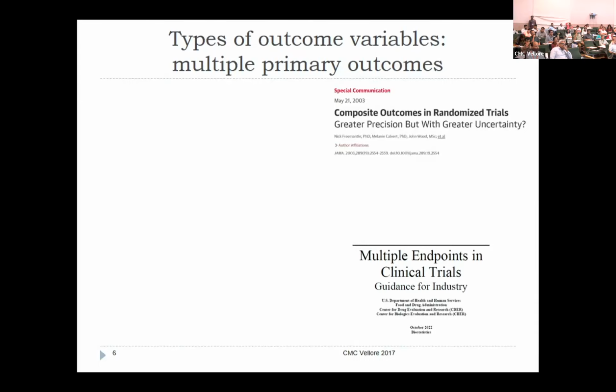So now I have so many more events. I have much more power. So people do composites for that reason as well, because you get more events, you have more power with smaller sample size. I don't have to have a huge trend. So composite outcomes are very attractive, but people have to be careful what they mix together.